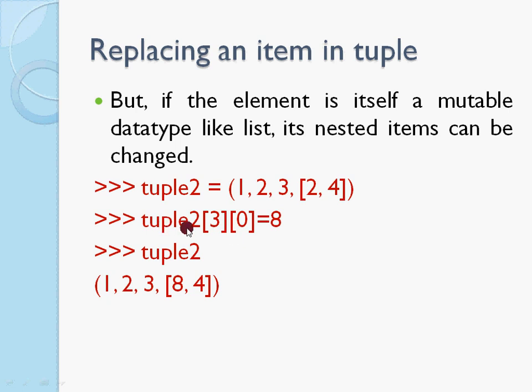So we have to locate the list. How to locate it? 0, 1, 2, 3. So it is in the 3rd position, and in that if I want to replace this 2 with 8, then this index is 0. If I assign like this, the list inside this tuple can be changed.